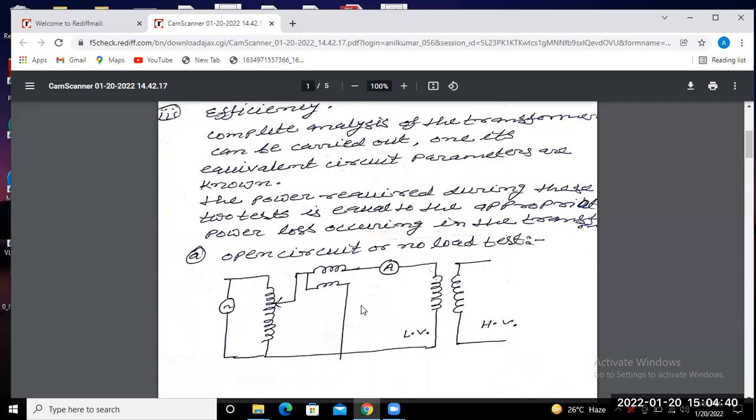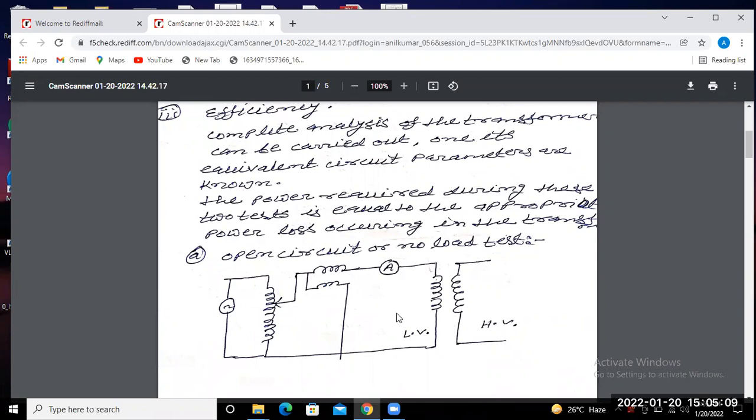The AC supply may be represented as a sinusoidal voltage V with the variac. That means the primary (LV) winding is connected with the instrument and supply, and the HV winding is kept open.